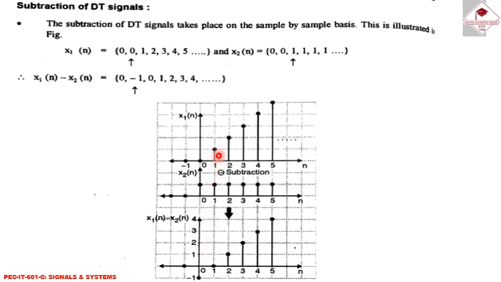At position 1 its value is equal to 1, and in the case of x2 at position 1 its value is again equal to 1. So if I subtract these two signals, 1 minus 1 is equal to 0. In that way this particular signal can be constructed, and for all the position values this subtraction operation is carried out, and finally we can construct this particular signal.